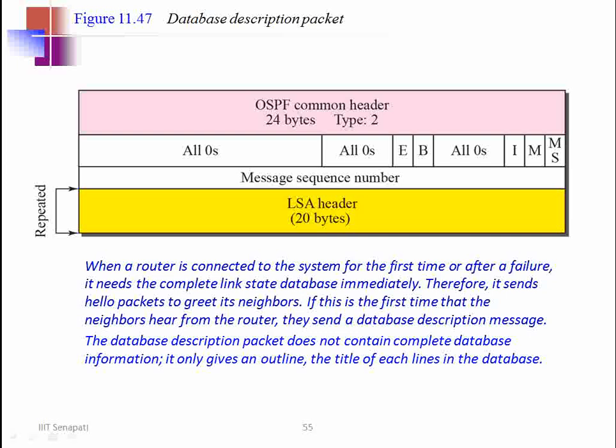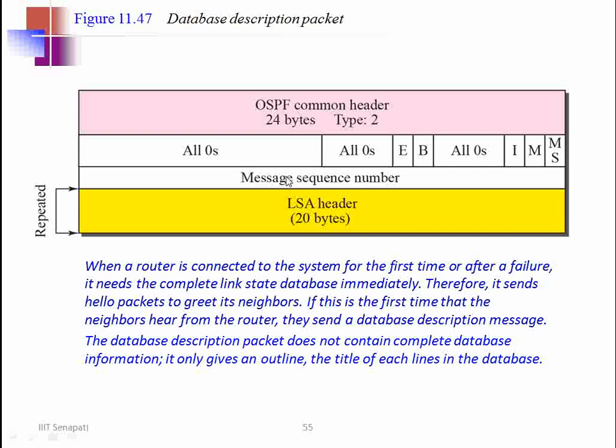So here also you have certain fields: OSPF common header, all zeros, then E, B, all zeros, I, M, and M or S. What does this E mean? E stands for external.